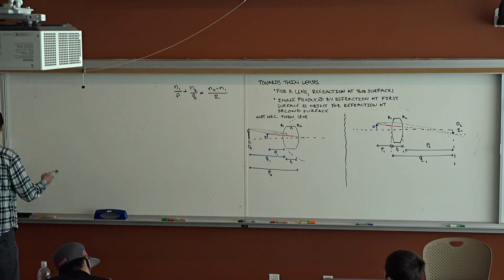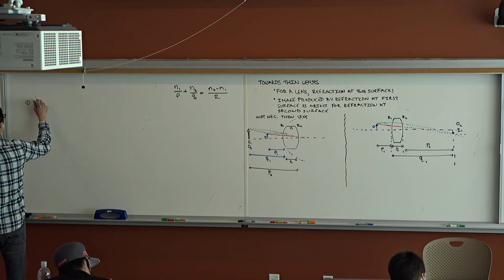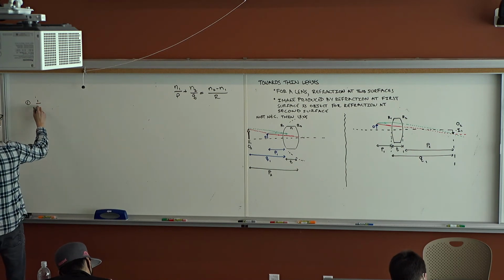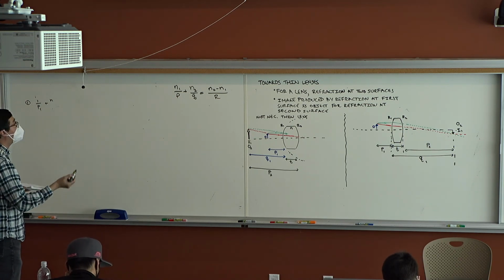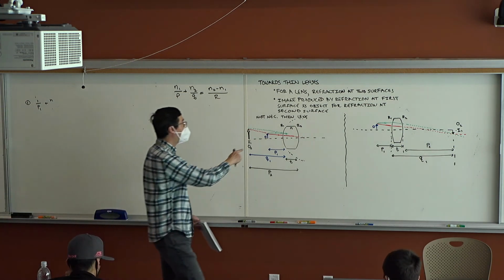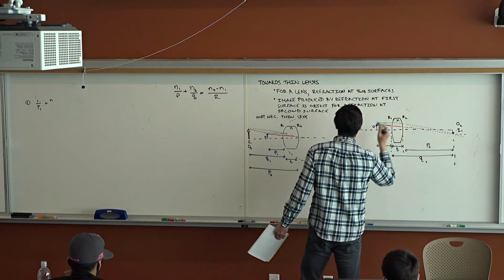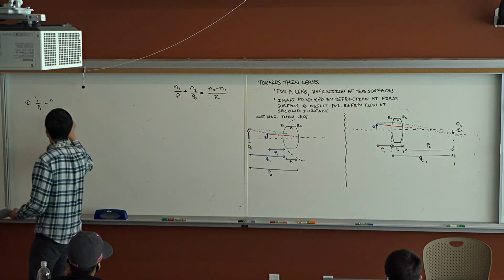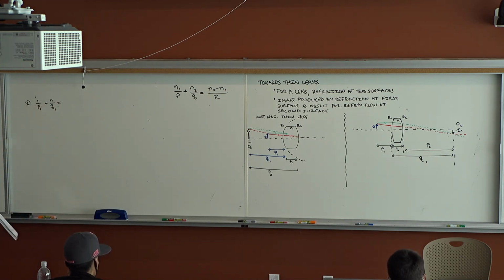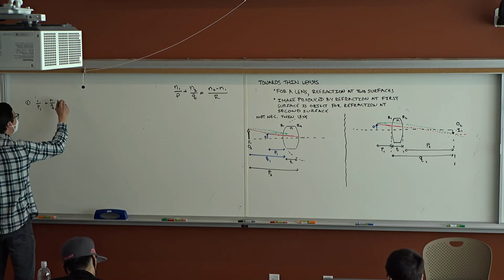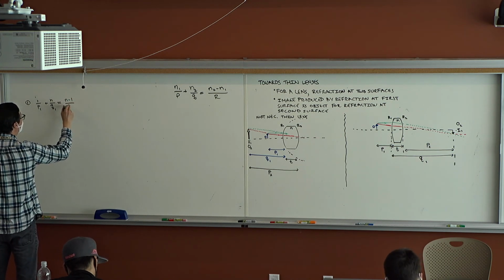So we can say that 1 over P1 plus n over Q1 is equal to n minus 1 over r.